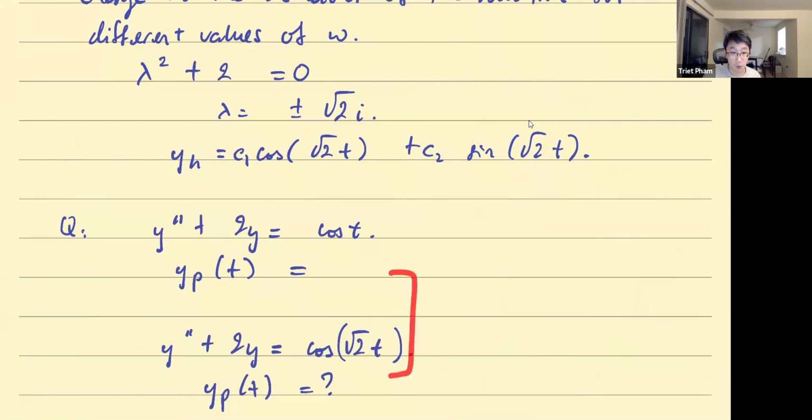Anyone? What's the difference between these two? Right, but what's the form of the solution in each of these?